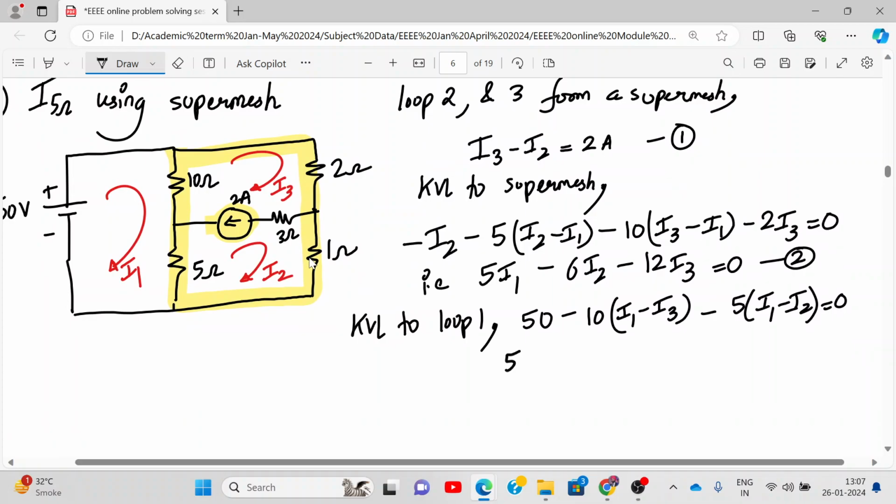Okay, Sir, 15 I1 will remain on top, right? 15 I1, yeah, correct. So this will also again be 15 I1, right? 15 I1 plus 5 I2. Please cross check this. Equation number 2 and 3, cross check once more.